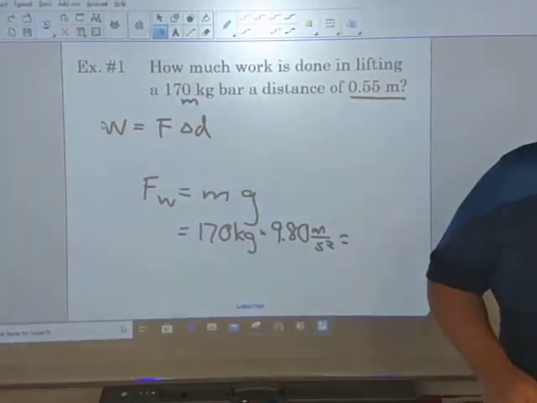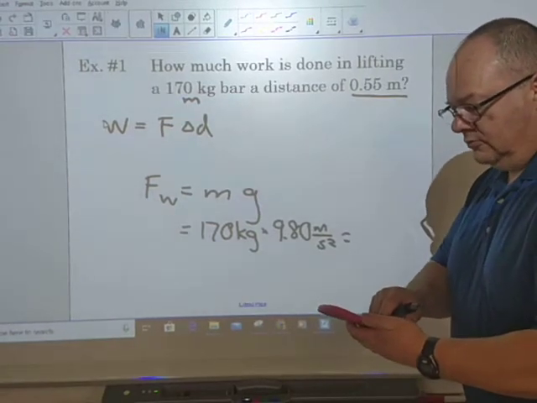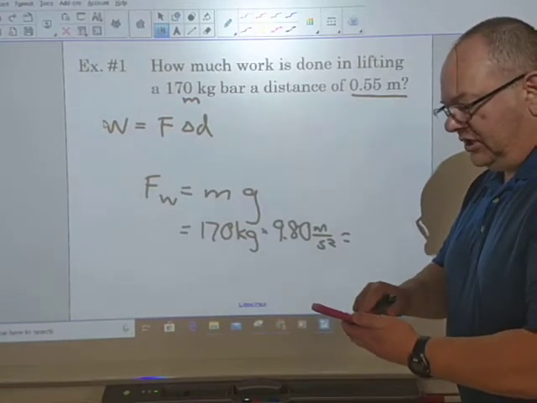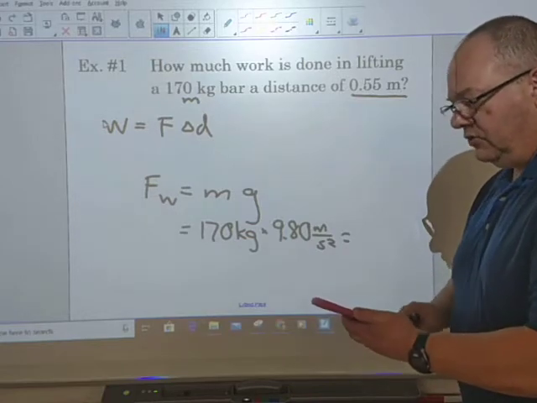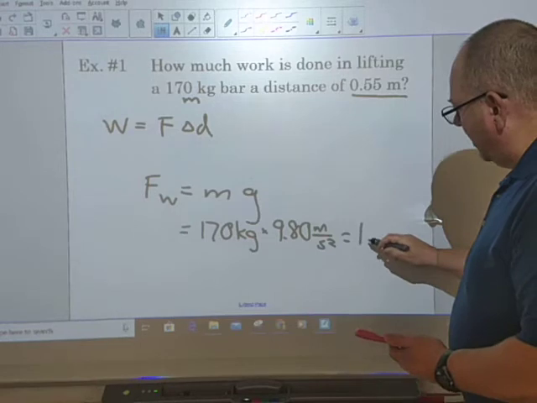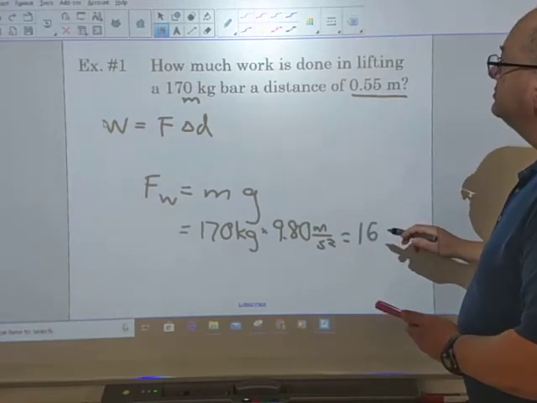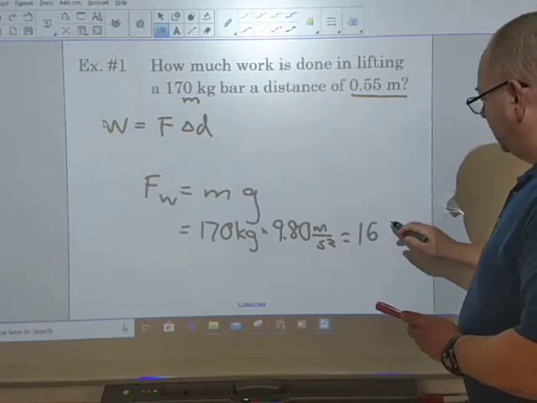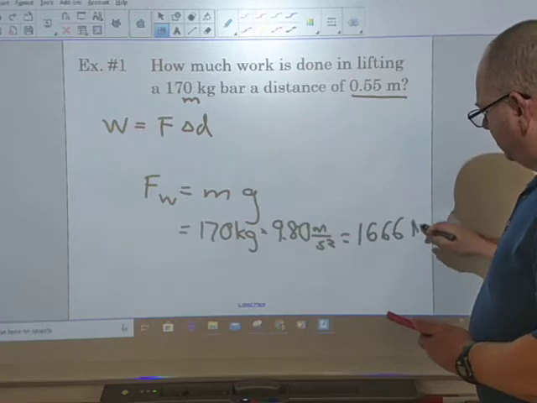Get out our calculator. 170 times 9.8 equals 1,666. Kilogram times meter per second squared is newtons.